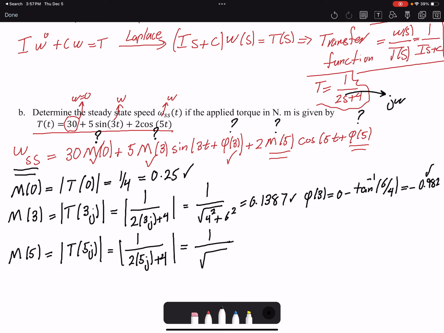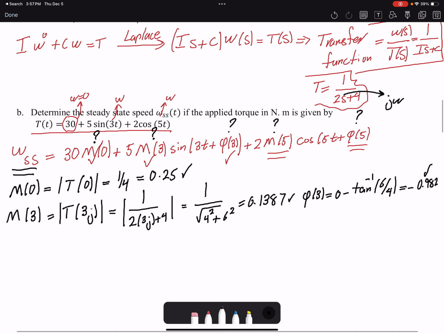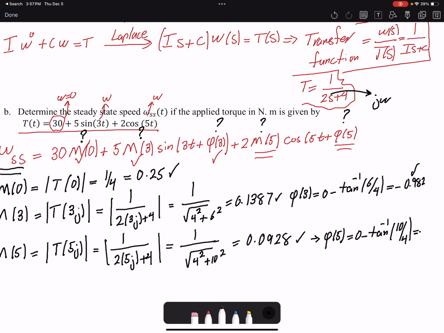Square root of 4 squared plus 10 squared, 0.0928. And now I need to find the phase change, which would be 0 minus tangent inverse of the imaginary over the real. So 10 over 4 this time. And the value that I get is negative 1.19.